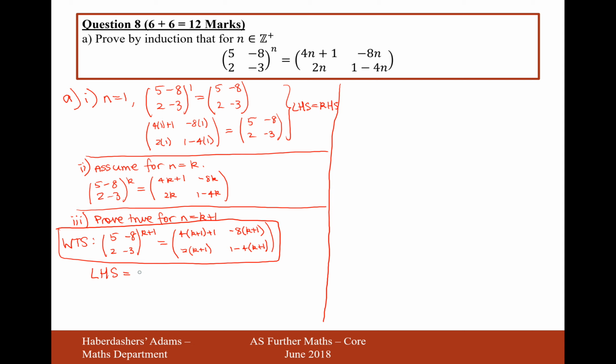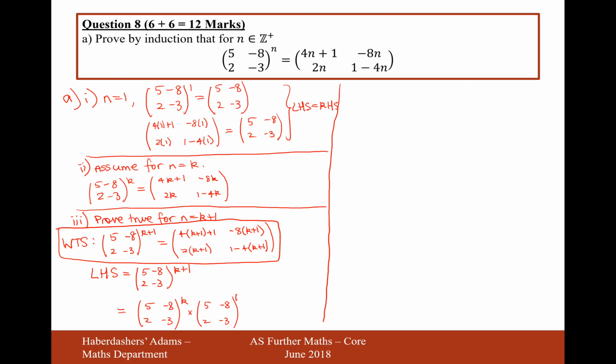So the left hand side is equal to (5, -8; 2, -3) to the power of k plus 1. Okay, let's split this into a multiplication. (5, -8; 2, -3) to the power of k times this matrix again. We're kind of inversing the rules of indices there, that when you have two indices that are adding together, you multiply the same base and you would then add your powers.